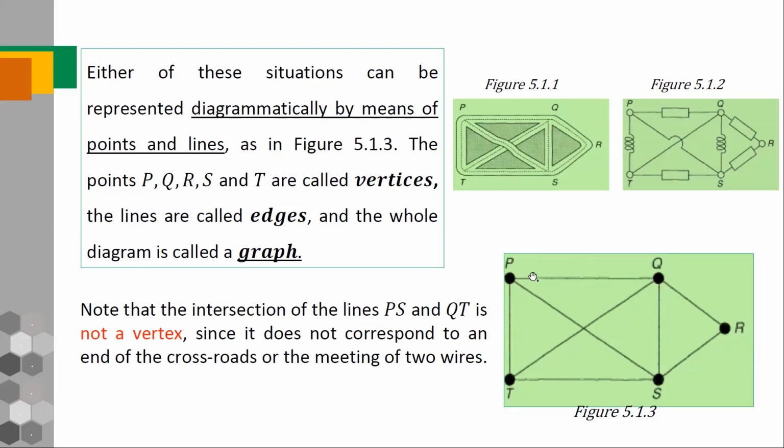Okay, so take note that in this diagram, they do not meet, they do not intersect. Maybe one road is above and the other is below, so they have no intersection. And for this electrical network, maybe these wires do not join, they just lie on top of each other. So there is no vertex between PS and QT, since it does not correspond to an end or a crossroads or a meeting of the two wires.